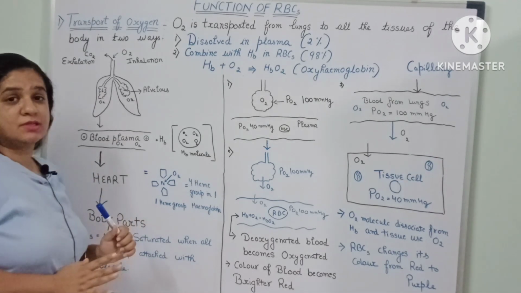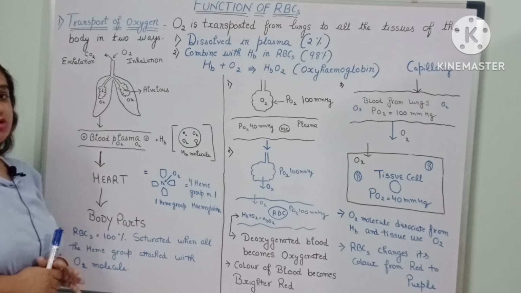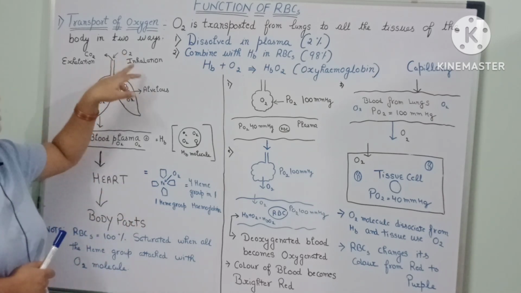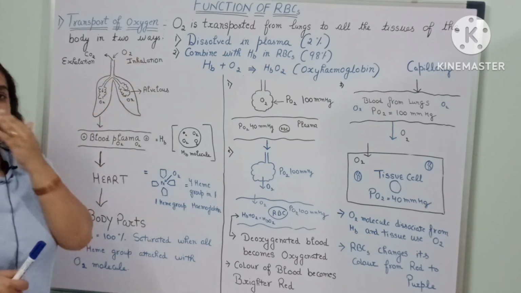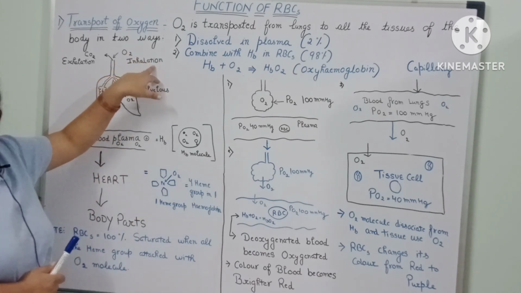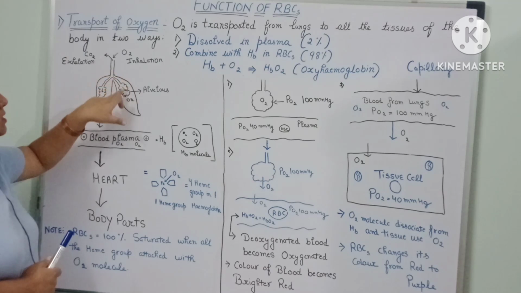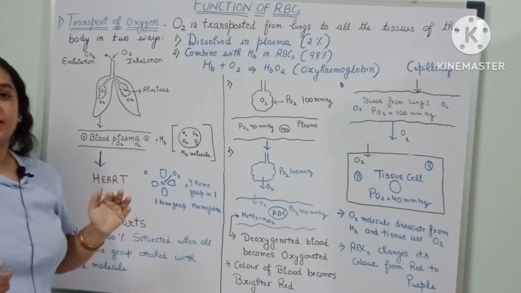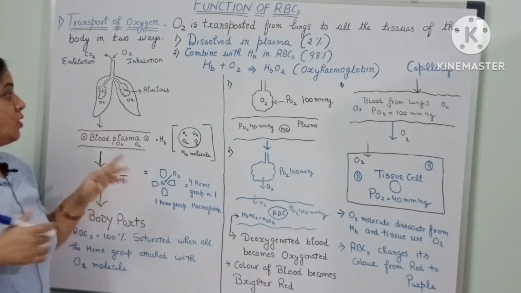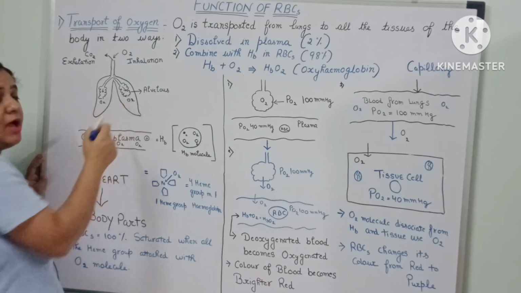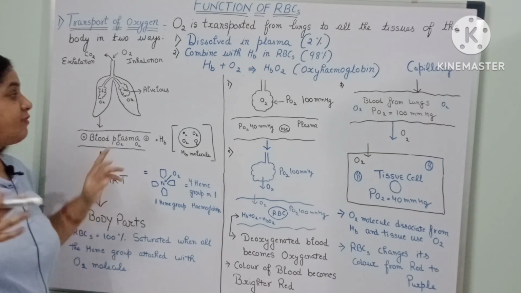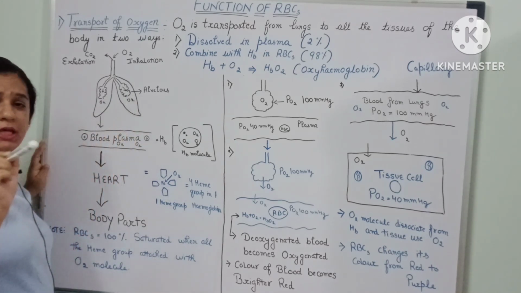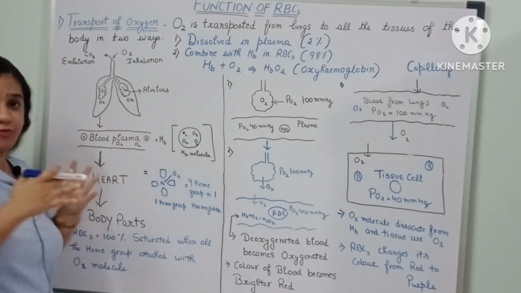Now we will discuss the main basic process of oxygen inhalation and its transport. First, when we inhale oxygen from the mouth and nose, that is the process called inhalation. Then this oxygen goes inside the lungs, which are present inside the chest, where we have alveoli, a balloon-like kind of structure, and the lungs have a very thin epithelial layer and a large surface area.